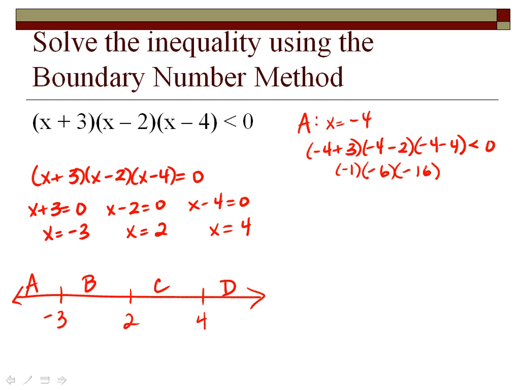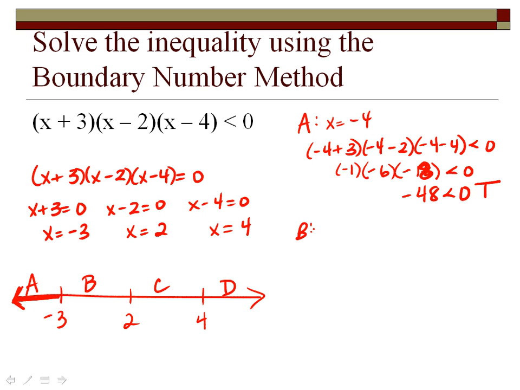I'm not multiplying negative 4 times 4 there. Sorry, that's negative 8. Is that less than 0? Well, negative 1 times negative 6 is 6 times negative 8 is negative 48, which is less than 0, so that is true. So we would shade region A because solutions lie in that region.